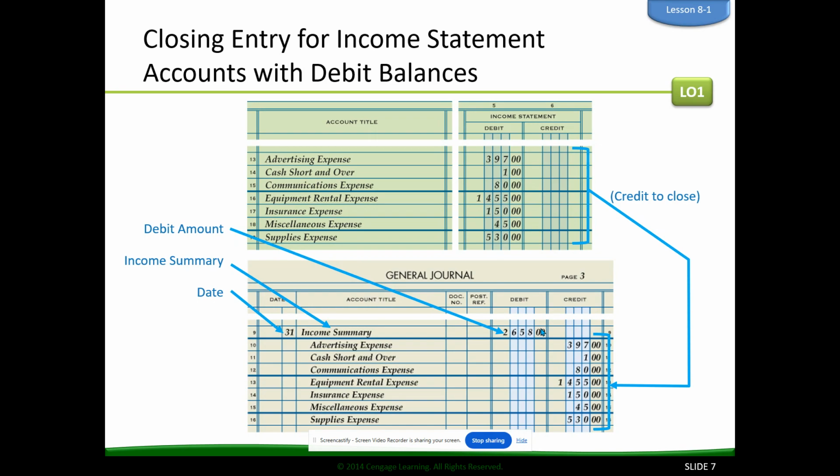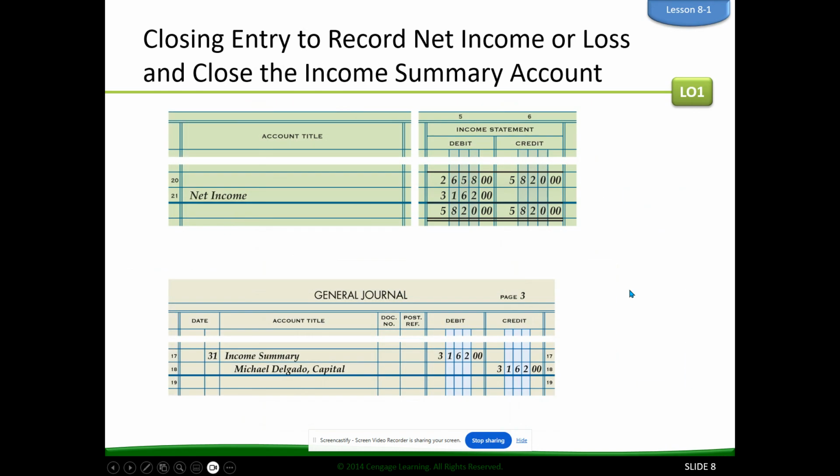So now we've closed our revenue and our expenses. So remember, I said in our worksheet, in that income statement section, right? When we took our revenue minus our expenses, it gave us our net income or net loss. Okay? It gave us our net income or net loss right here.